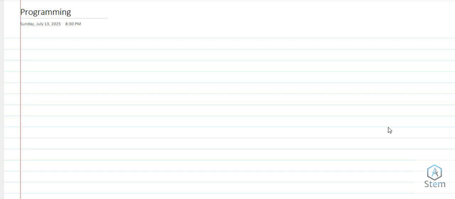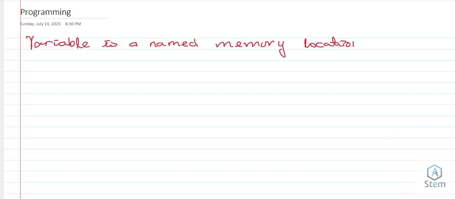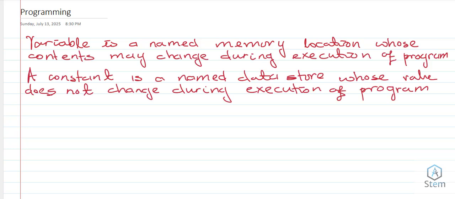We said a variable is a named memory location whose contents can change during the execution of the program. So these are the two terms which we looked at in our previous lesson, and you can see that the definitions are really very similar.